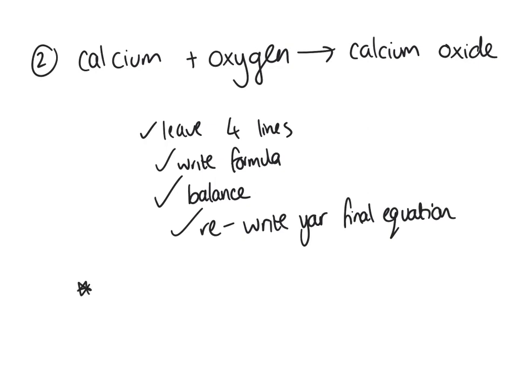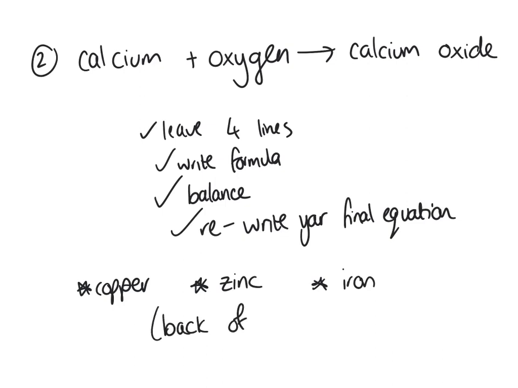For copper and for zinc and for iron, if you look at the back of the periodic table, and for example for zinc, you'll see that it appears as Zn2+. Now that's the ion, and when you write it on the left hand side it'll still just be Zn. But when you're trying to work out your formula of zinc oxide, you look at the charge and you take the valency to be 2.